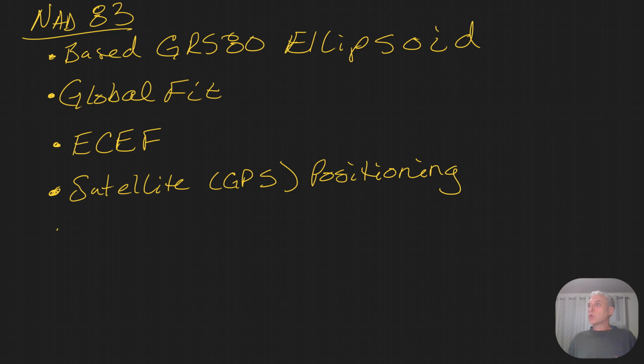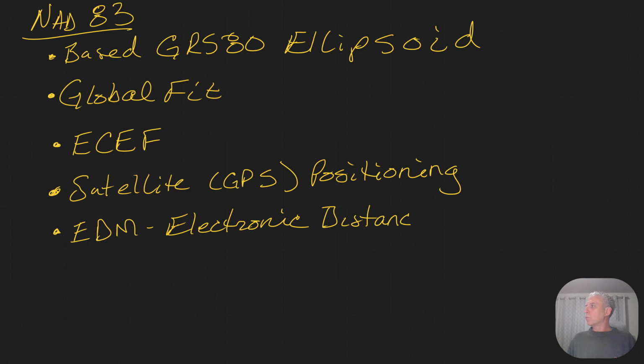Now, remember, NAD27 distances were established by pulling chains, reducing to horizontal, applying atmospheric corrections, sag corrections, all those kind of things. So a lot more margin of error there. By the development of NAD83, we're using EDM, or electronic distance measurements, which is what our total stations do now.